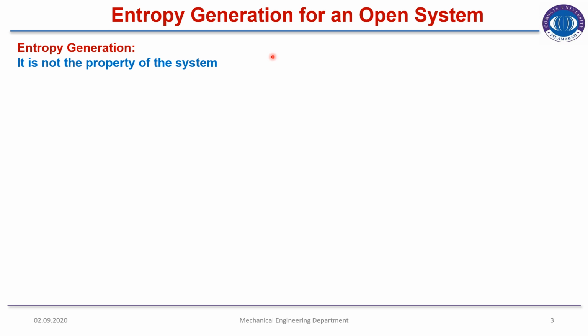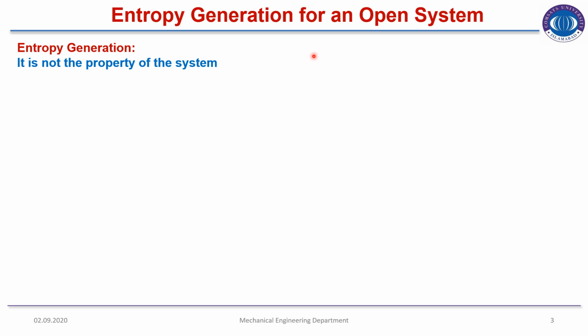Therefore when you look into the property table, you can find the value of entropy along with internal energy, specific volume, etc. As we have already discussed entropy generation for a closed system, the entropy generated during the process is only due to the irreversibility present within that process.